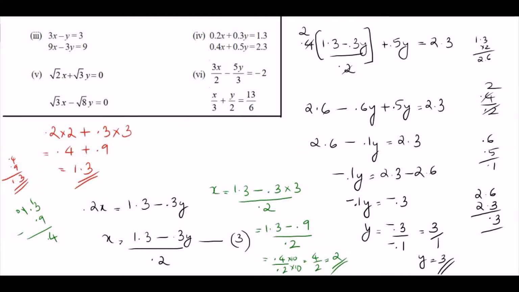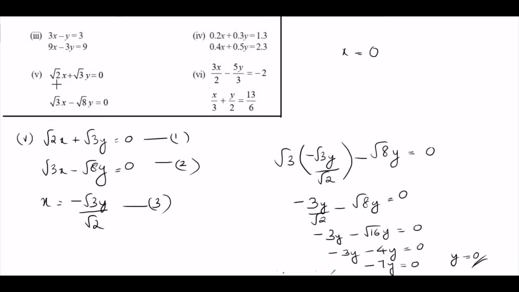Now let's check the second equation, that is 0.4 into 2 plus 0.5 into 3. So 0.4 into 2 is 0.8 plus 0.5 into 3 is 1.5. So you get 2.3. So the x and y values satisfy the second equation. That means you have got a unique solution for x and y. That is, the x value is 2 and the y value is 3.